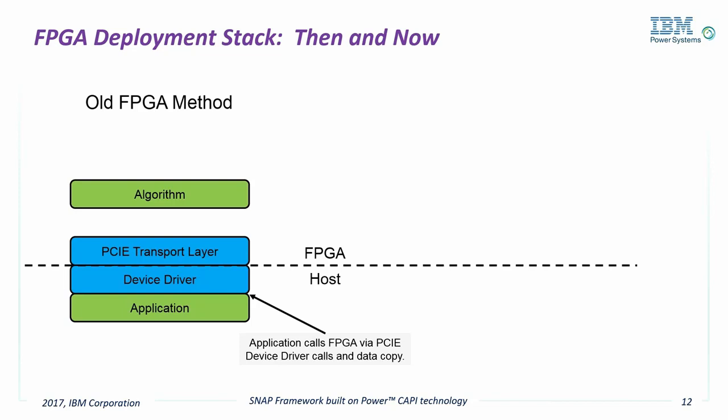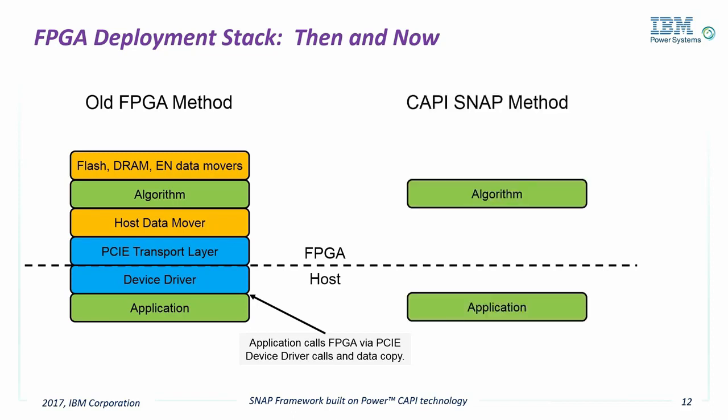Then the data must traverse the PCIe transport layer and full PCIe stack on the FPGA side. On top of that, there are data movers for the host side as well as for any data coming from other IP on or off the card. And with all of this, the user does not get security or virtualization features.